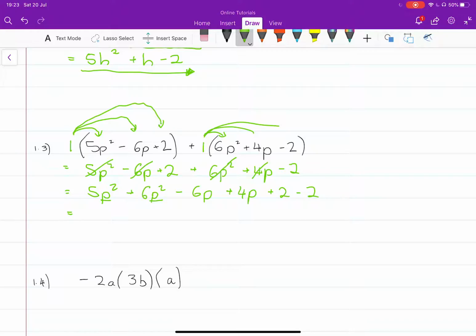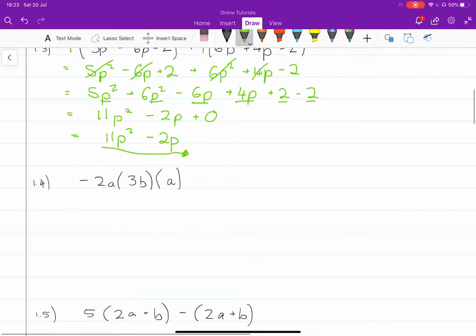So 5p squared plus 6p squared is equal to 11p squared. Minus 6p plus 4p is equal to minus 2p, and plus 2 minus 2 is equal to 0. So we can say plus 0, but then that just equals 11p squared minus 2p. And that is the final answer.